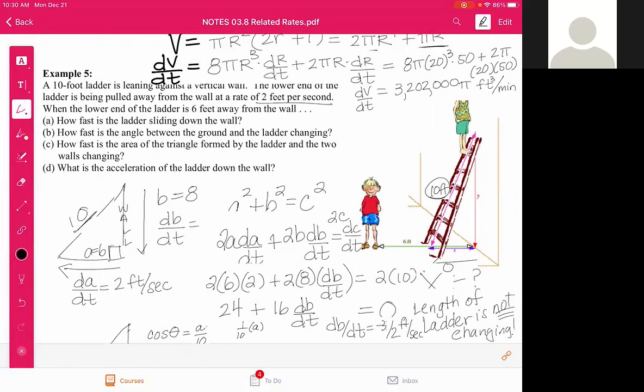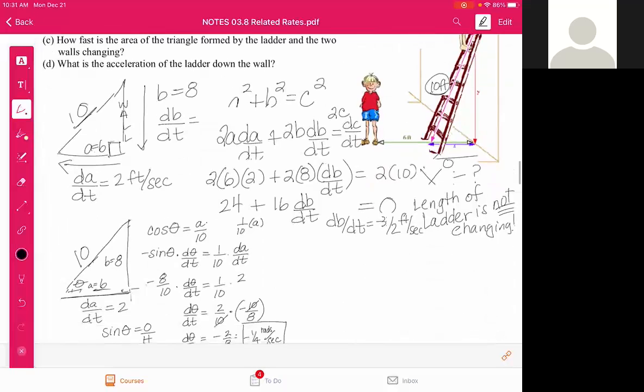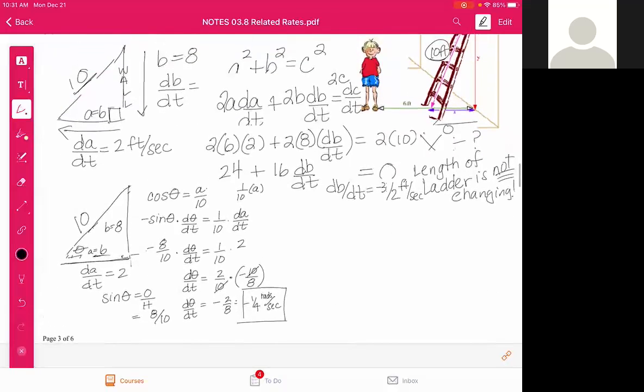How fast is the area of the triangle formed by the ladder and the two walls changing? All right, so area of the triangle formed by the ladder and the two walls. How fast is the area changing? Okay, so let's see, where can I squeeze this? I guess I'll try to put it over here.